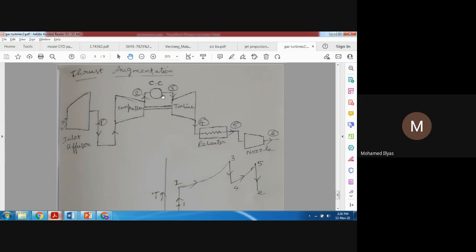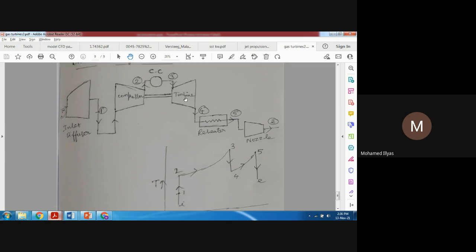Combustion takes place, so we get hot gas combustion products coming out of the combustion chamber. They enter the turbine, where expansion takes place. The power produced in the turbine is used to drive the compressor. This will be a small compressor only, because we cannot spend much energy on it; most of the heat energy has to be spent at the nozzle.